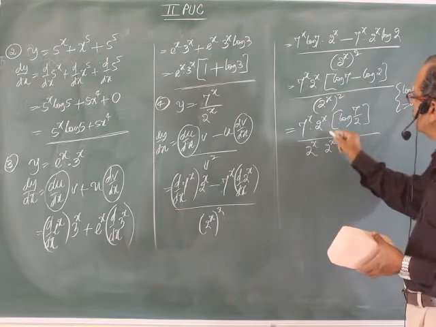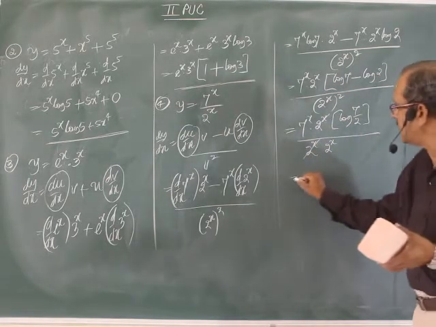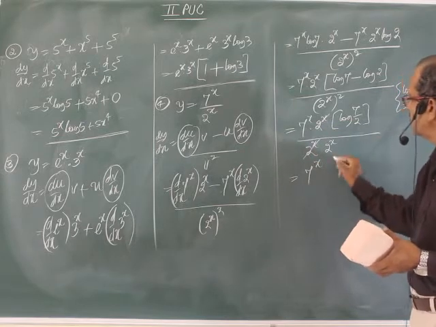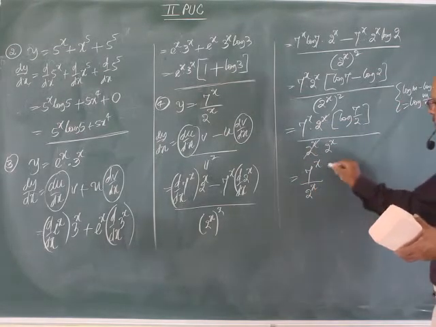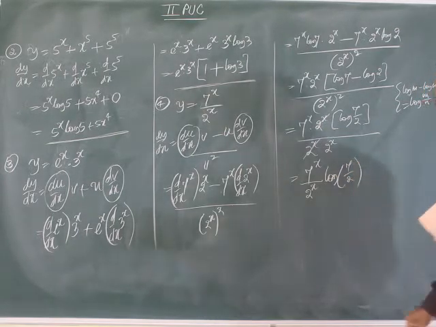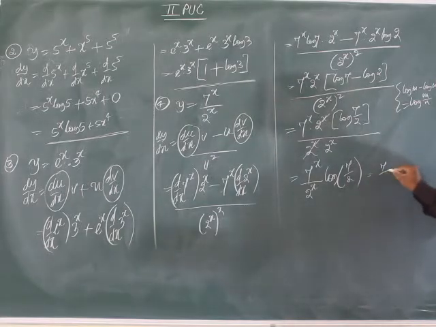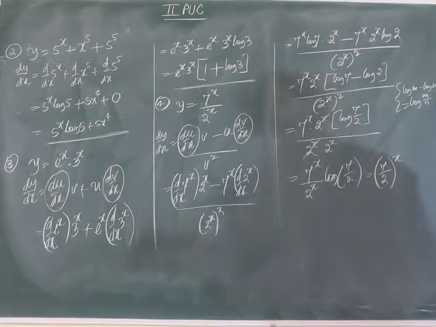It means I can write it 2 times, so that one 2 to the power x cancels. Final answer is 7 to the power x by 2 to the power x log 7 by 2, or 7 by 2 whole to the power x log 7 by 2.